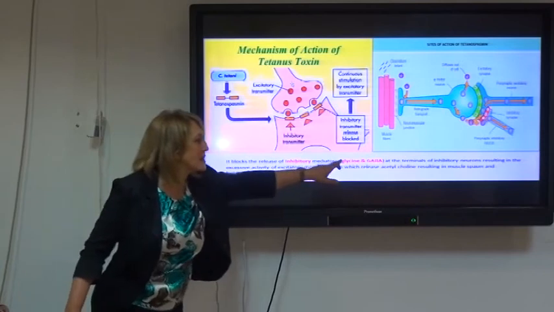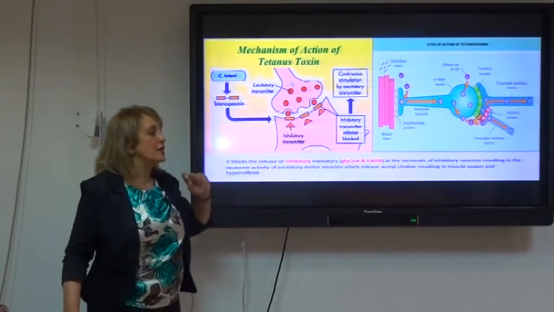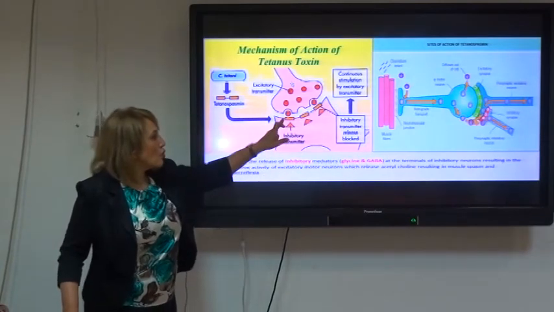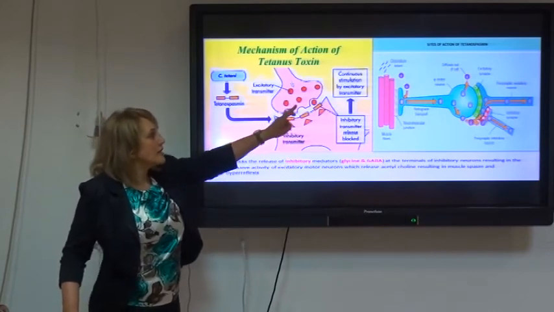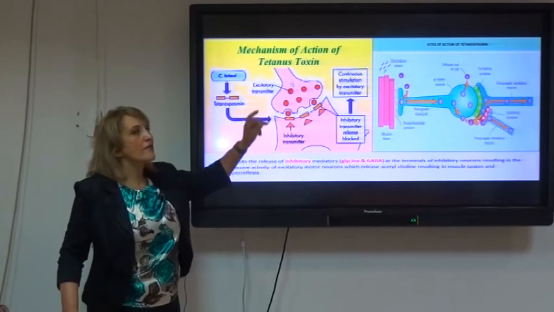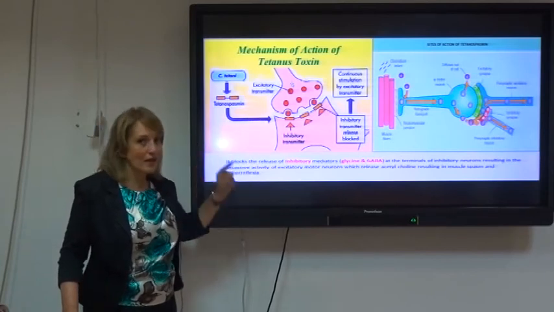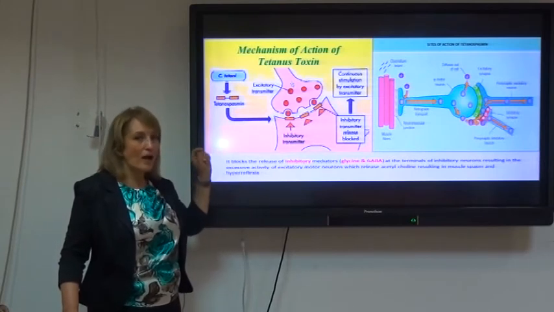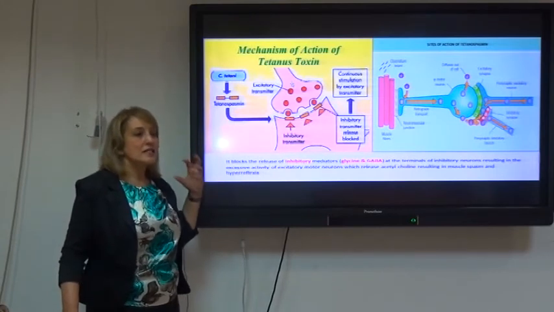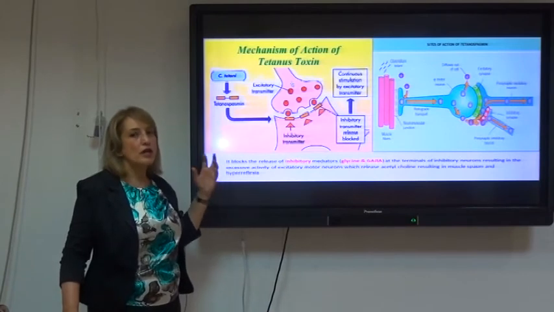They are known as glycine and gamma-aminobutyric acid, or GABA. So once these inhibitory mediators are blocked, the excitatory mediators secreted by the excitatory neurons, which is acetylcholine, are released without inhibition. They take the upper hand, resulting in sustained muscle spasm and hyperreflexia.